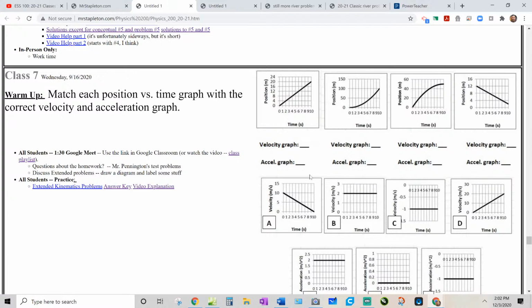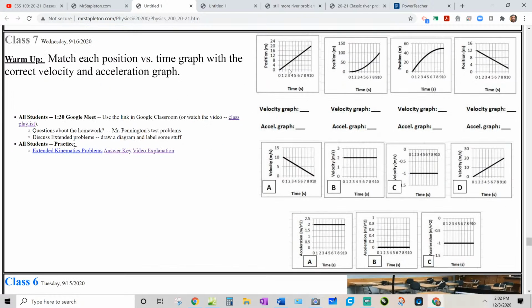It would be an example of this. Right here. So, match each position versus time graph with the correct velocity and acceleration graph. This is very much like what's on the test, except not exactly. So this is position versus time, and so first of all, these are velocity graphs.